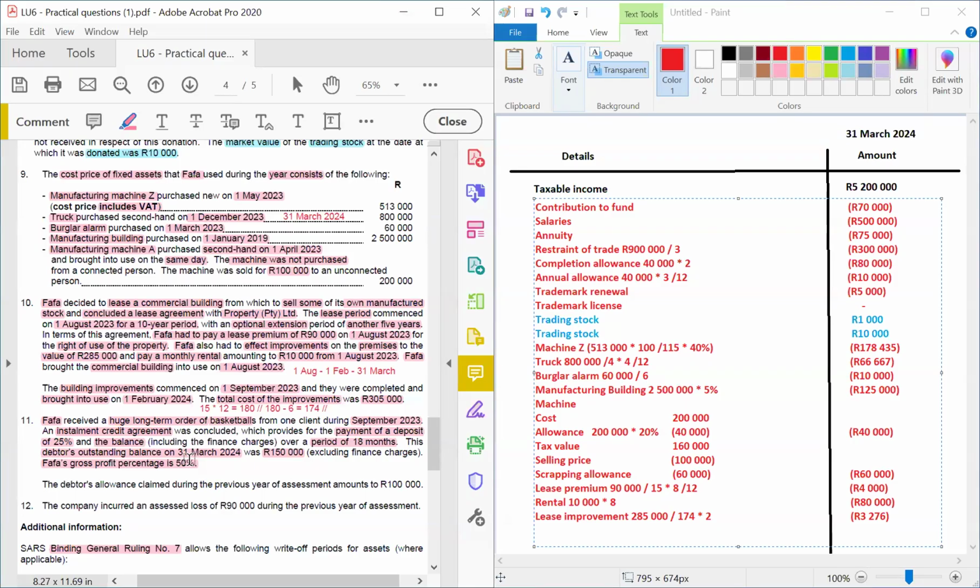So now, this is information that we are provided, right? They further state that the debtor's allowance claimed during the previous year of assessment amounts to 100,000.